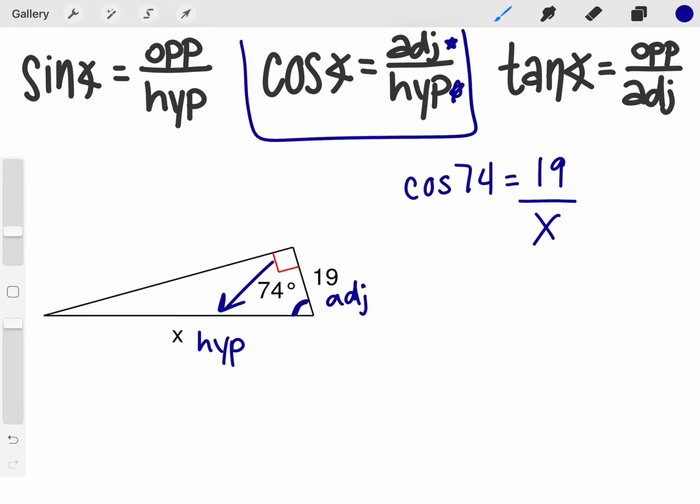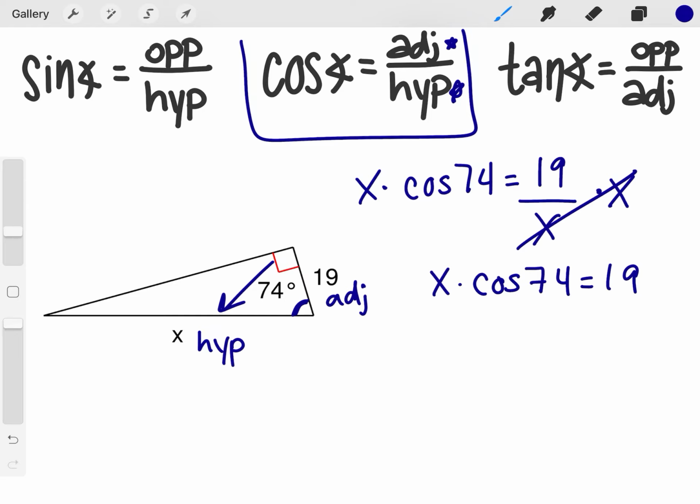Just like the last problem we did, what is our first step going to be to getting x out of the denominator? We are going to multiply both sides by x. That gets x out of the denominator, making it x times cosine of 74 equals 19. And then what's the next step we have to do to get x fully isolated, get x all alone on one side?